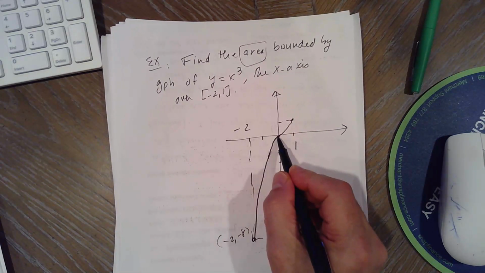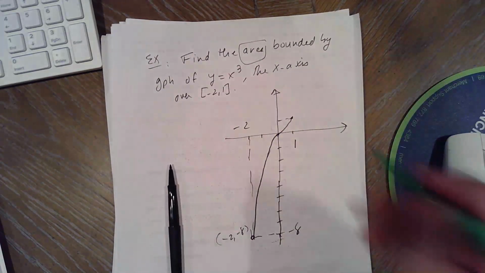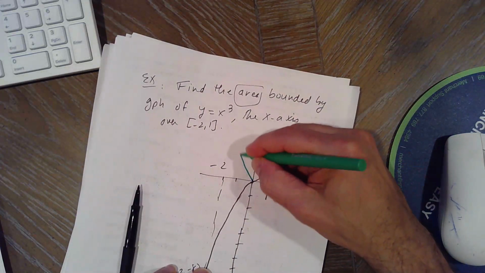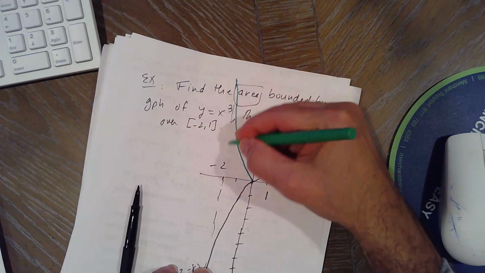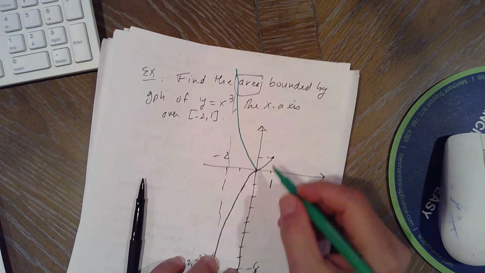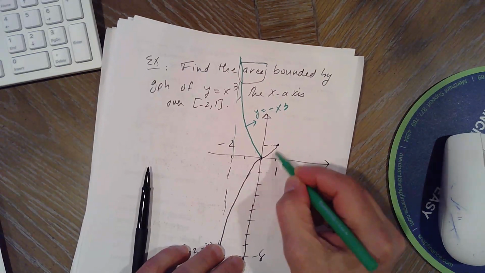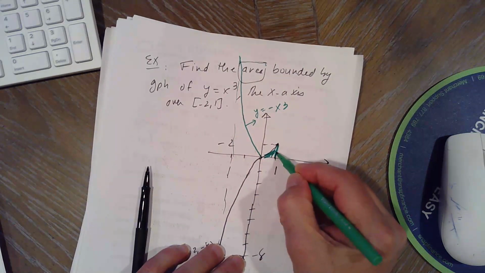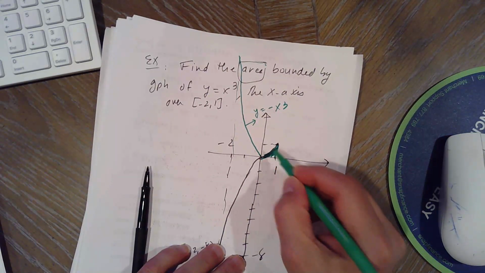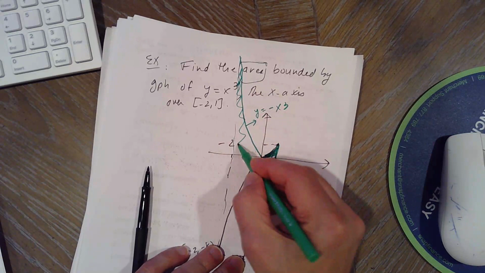So between -2 and 1, we've got to reverse it to do the symmetry. So that's negative f of x between -2 and 0, and then between 0 and 1, it's the same area. Okay, so that's what we have to find.